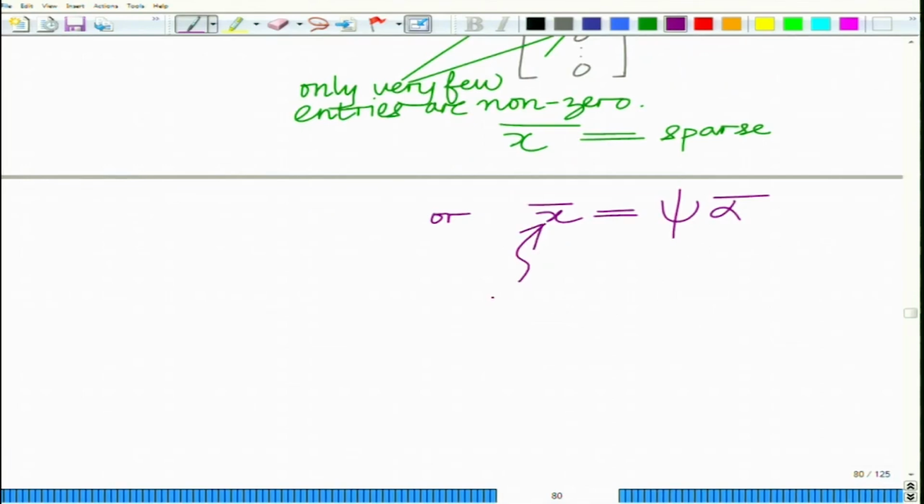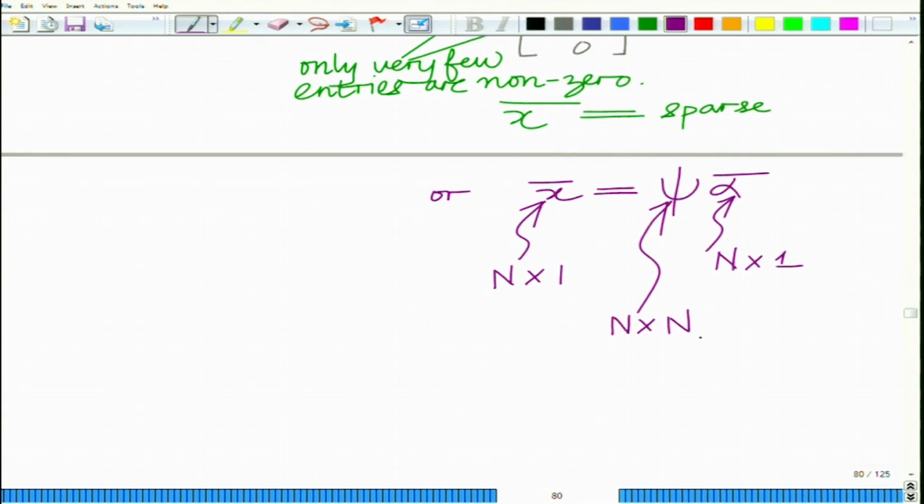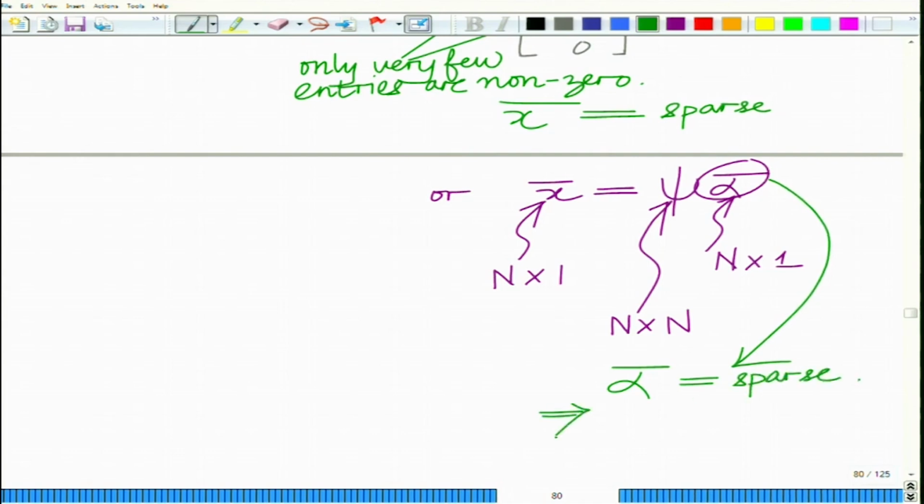So, x bar is n cross 1, this alpha bar is n cross 1, and psi is an n cross n basis, such that alpha bar is a sparse vector, that is, alpha bar is sparse, which implies alpha bar has very few non-zero entries.